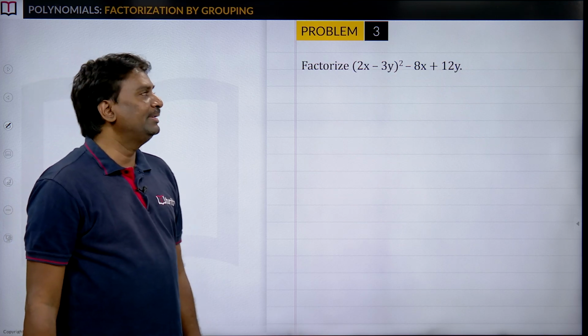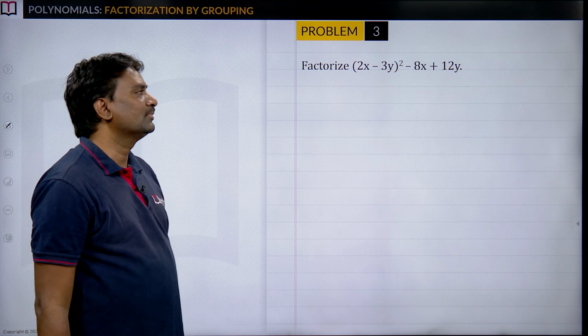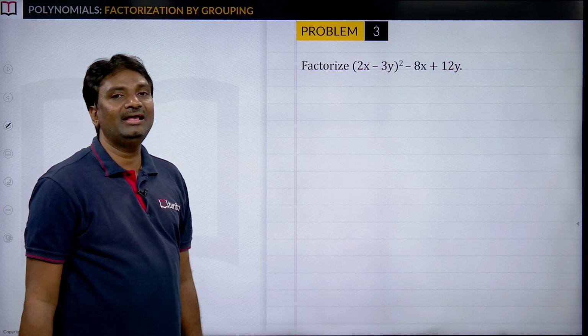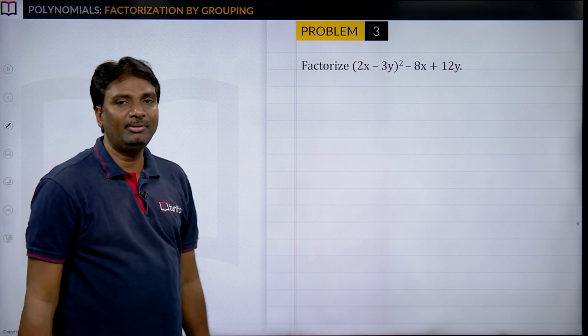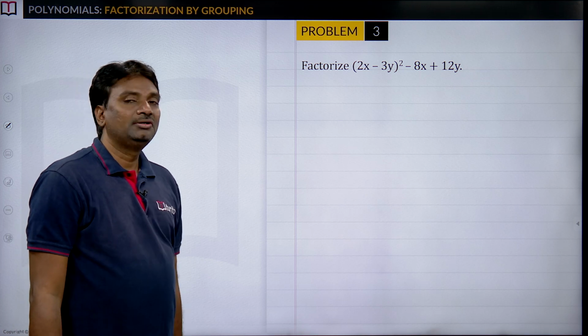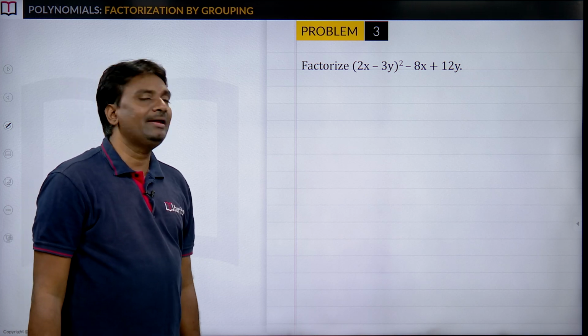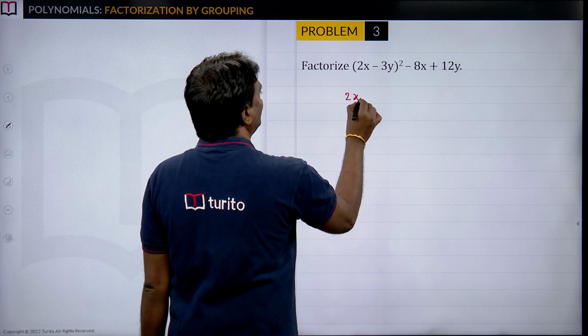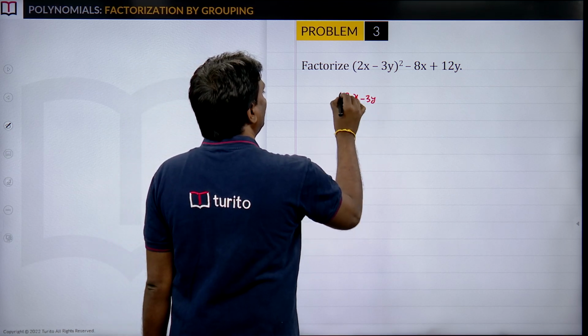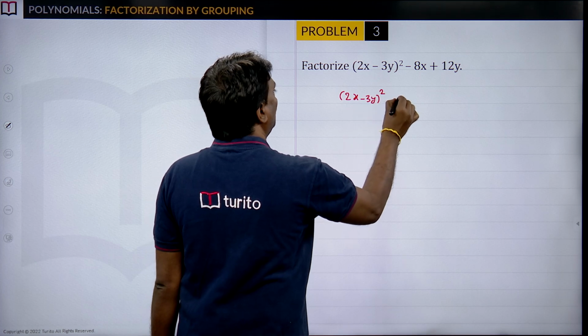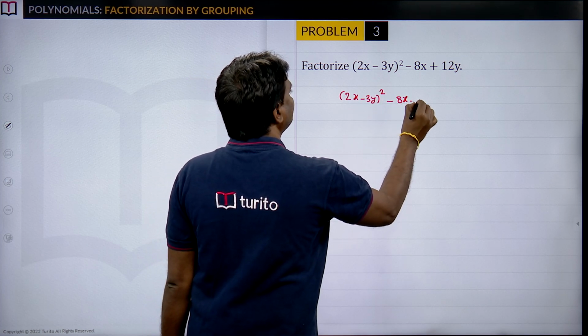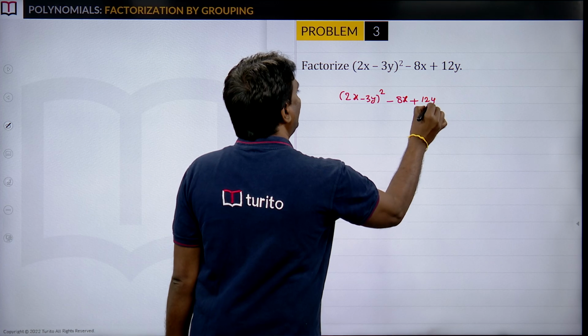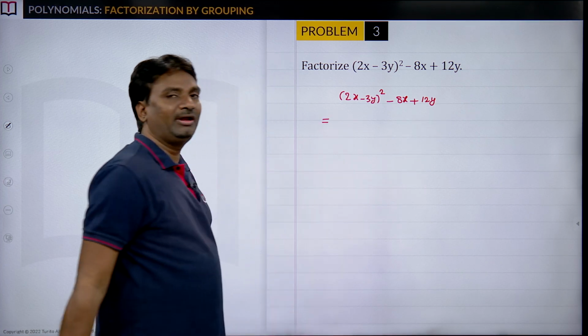Factorize 2x minus 3y whole square minus 8x plus 12y. Okay, ma'am. So, this is the given expression, 2x minus 3y whole square minus 8x plus 12y.